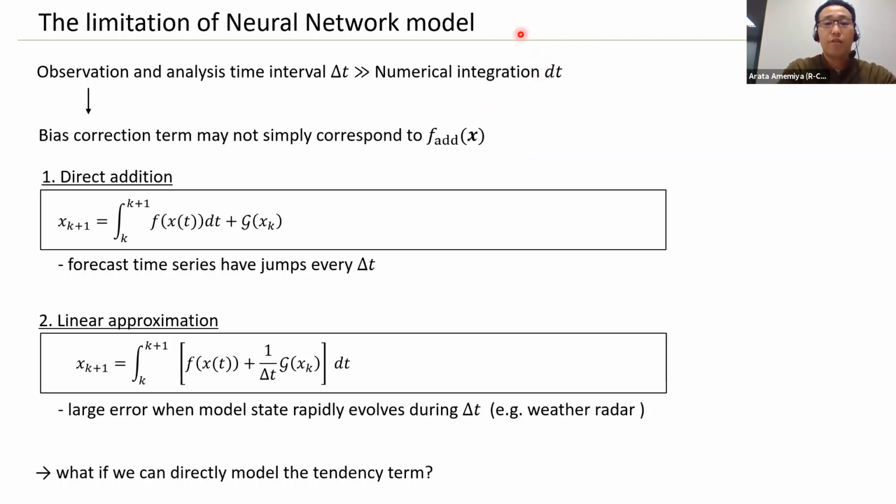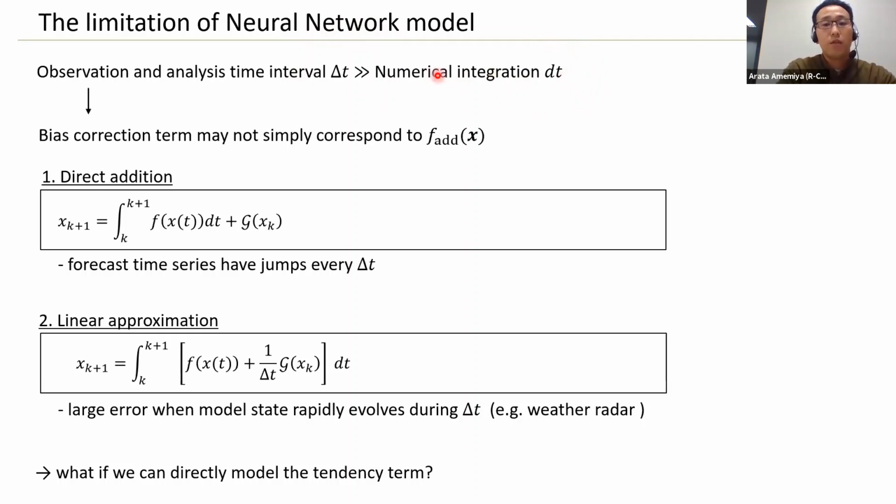And this is actually the case in reality. For example, the most operational weather radar provides an observation every 5 minutes. So delta T is 5 minutes. This is very frequent, but still larger than the numerical integration time step, which is usually a few seconds.